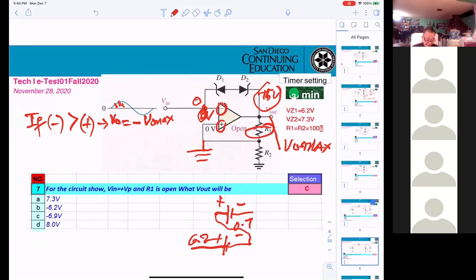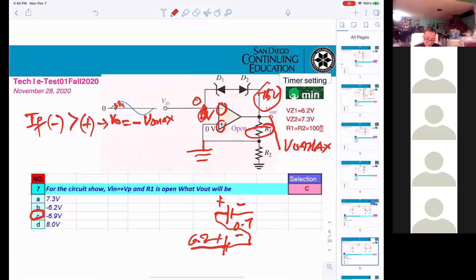And the right answer will be C. Okay, so positive here again.